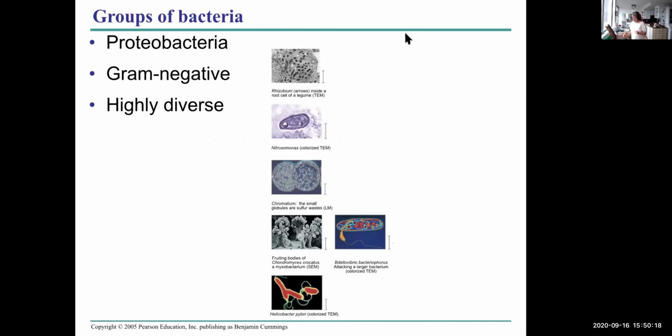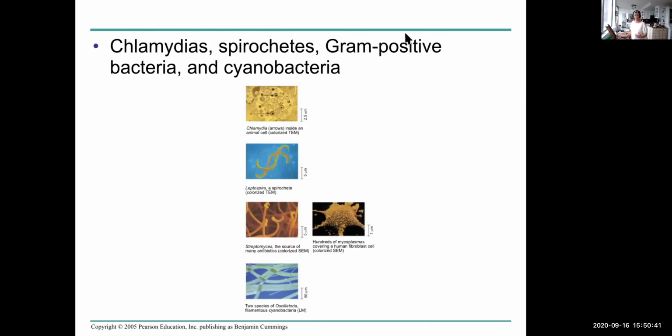What's another one you may have heard of? The one at the bottom here is Helicobacter pylori. That is a bacteria that lives in the gut of humans. About 50% of us have it, and now it's been discovered that it's the bacteria that can cause ulcers, given other conditions as well.